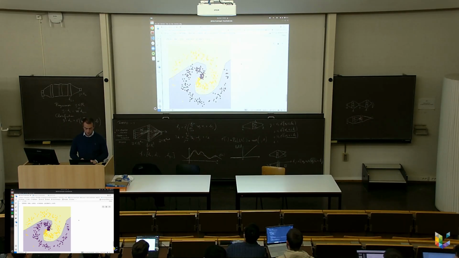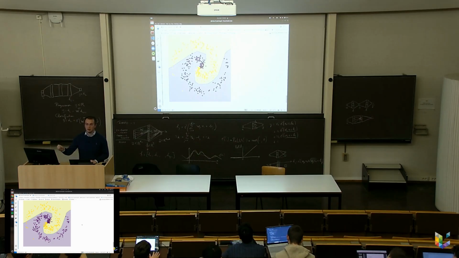But what will happen is that you will gain capacity either way by increasing the width of a layer or adding more layers, but you will gain more capacity by adding more layers. Because that gives you the opportunity to divide each linear region into subregions instead of just adding more regions. So in this case, the increase of capacity, in a sense, is exponential in the number of layers, and it's linear in the width of a layer.